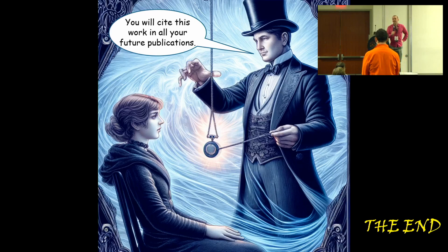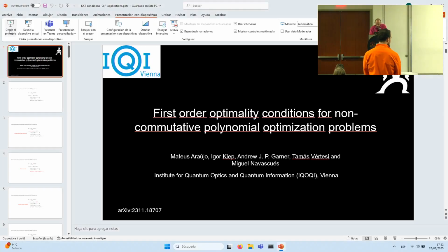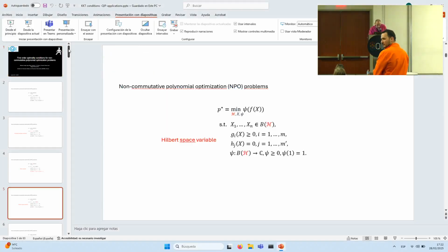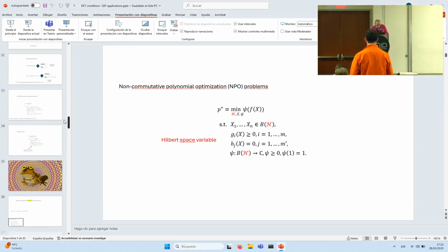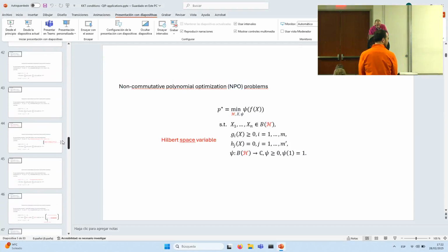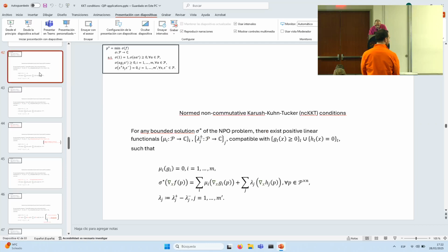Sure. Thank you. The strong conditions, can you say something about them? Yes, let's see. Strong conditions. The strong conditions are very similar, but now you have to imagine that all these things are operators, actually.